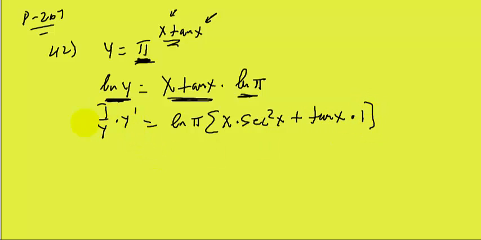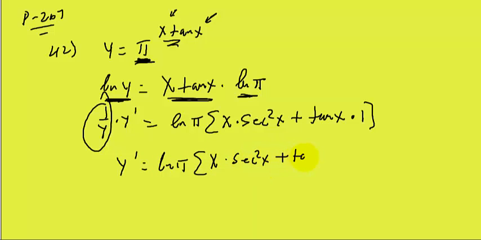The only thing that's left is multiply by that. So y prime is equal to ln of pi, all that times quantity x times secant squared x plus tan x. And I do have to go back and multiply both sides by the y. Y happens to be pi to the x tan x.